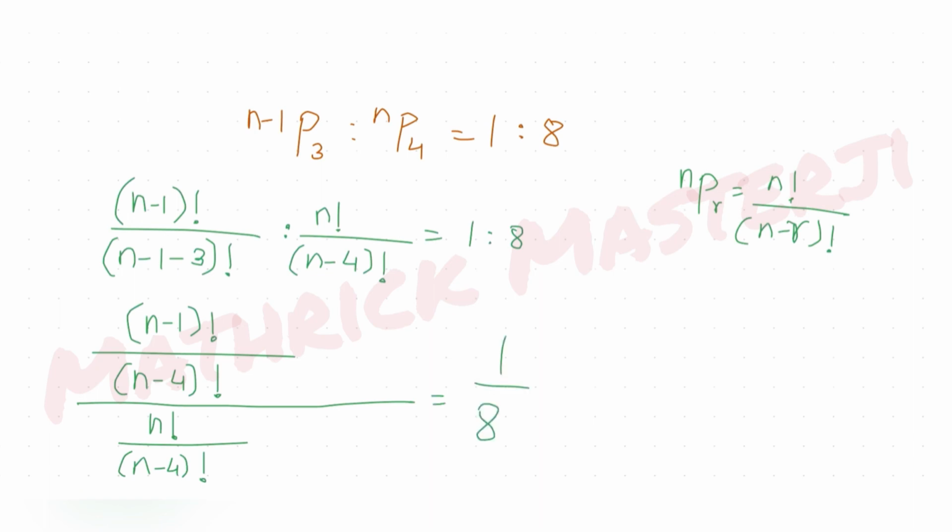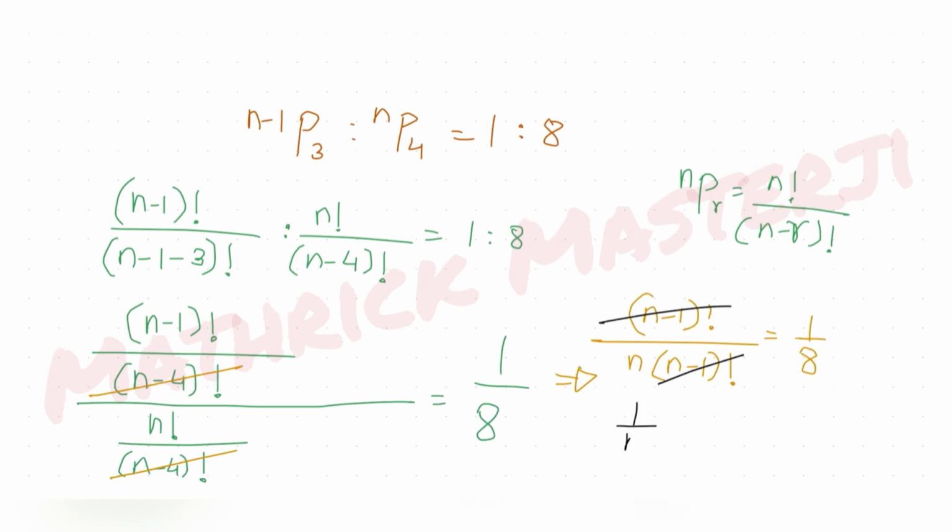Here I can cancel (n-4) factorial directly. Further, I get (n-1) factorial divided by n factorial, that is n times (n-1) factorial, equals 1 over 8. Here (n-1) factorial gets cancelled, so you're left with 1 over n equals 1 over 8, and further I get n equals 8. So I get the value of n, and that is 8.